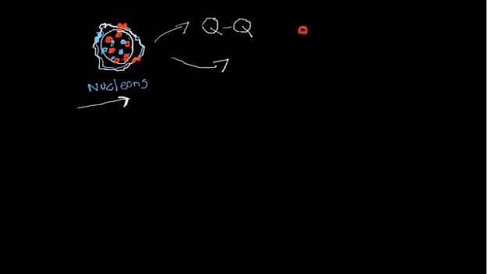pairs of nucleons, I mean 2 protons and 2 neutrons, act like one single particle, like a boson.